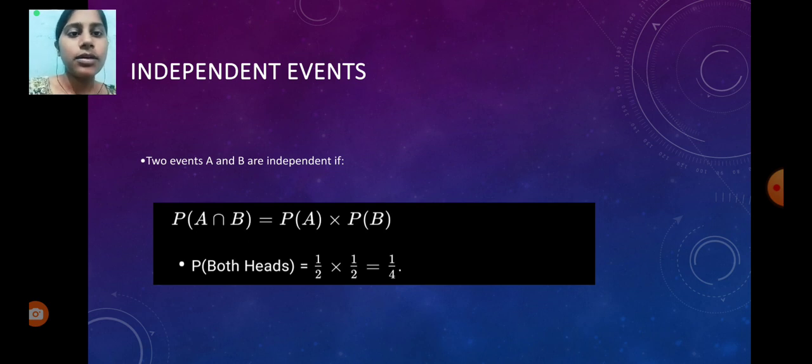Independent events. What are independent events? Independent events are those events which do not depend on each other. When we consider two events A and B, the probability of one will not depend on the other.